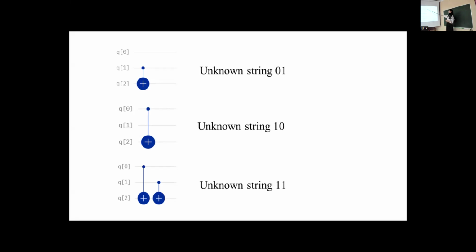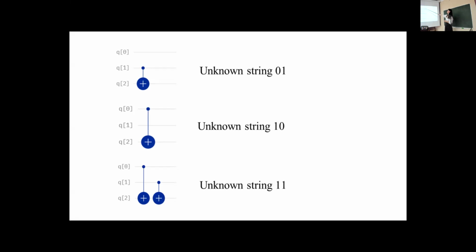So if we see the number 1 in our unknown string, to create the quantum oracle corresponding to this string, we have to use a controlled NOT gate which acts at the position of that qubit in the string. The first 2 qubits encode these positions.